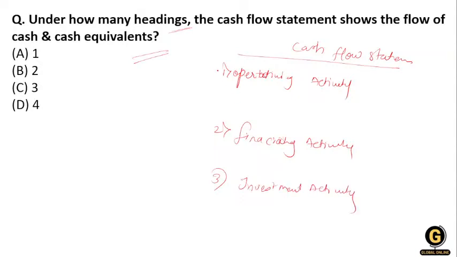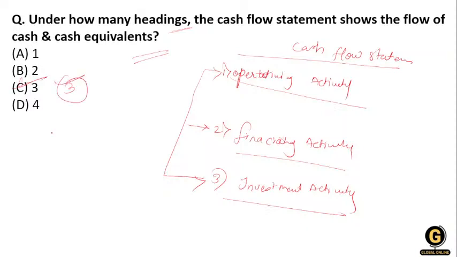So we have three heads when preparing the cash flow statement: operating activity, financing activity, and investing activity. So option C is correct. Three is right.